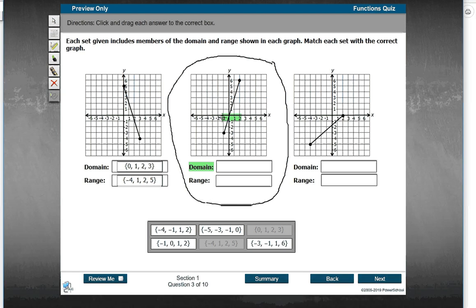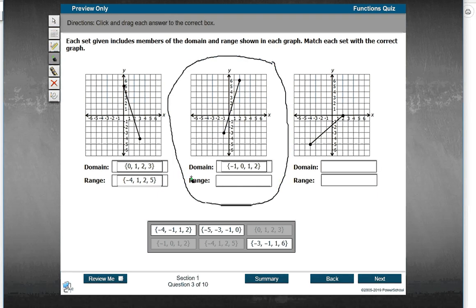My domain, I cannot go past -1, and I cannot go past +2. All right, so which of these has those values? Again, looking carefully, I can see that, hey, this has those 4 values that I need. All right, so get rid of some of this, and then we can do the range for this one.